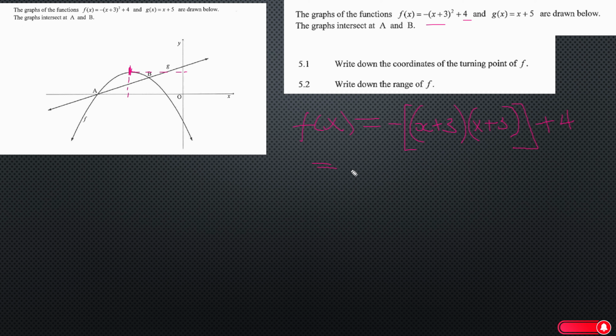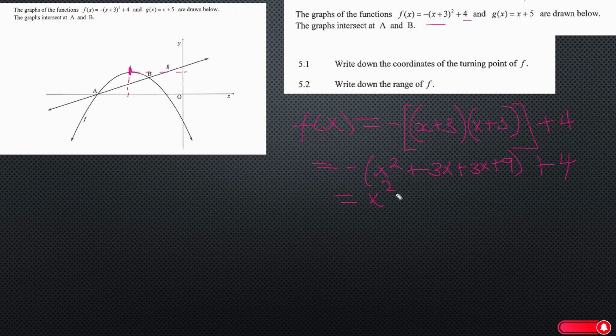So this is actually equal to, then x and x will give you x squared. So that will definitely give you x squared, and then x and 3, then that will be 3x, 3 and x plus 3x, and then 3 and 3 will give you a 9, and then in the bracket, the plus of 4.